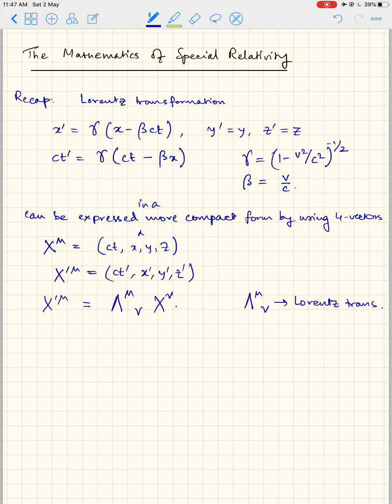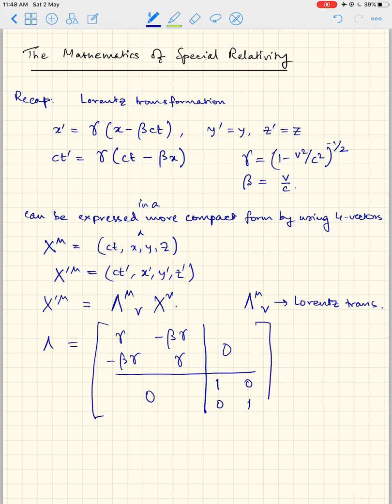So for the example that we have above, let's just drop the indices. Lambda is a matrix which is given by gamma, minus beta gamma, minus beta gamma, gamma, and then 1 0 0 1 and all zeros elsewhere.